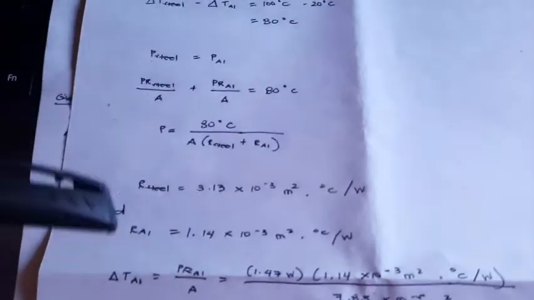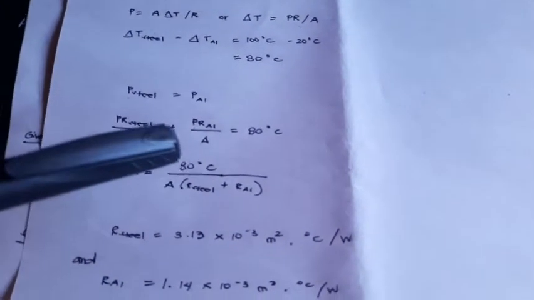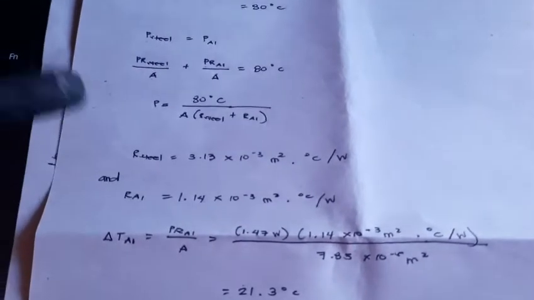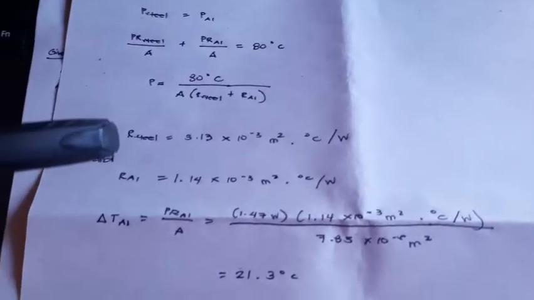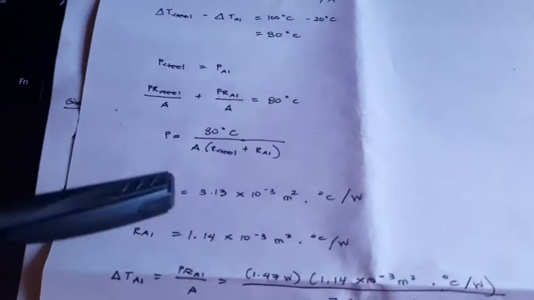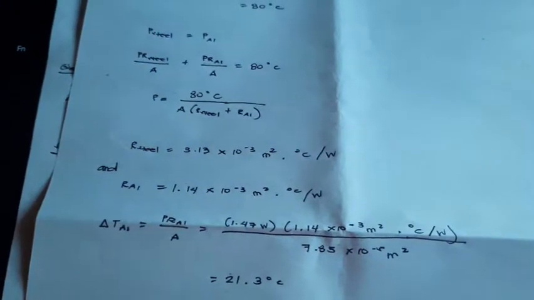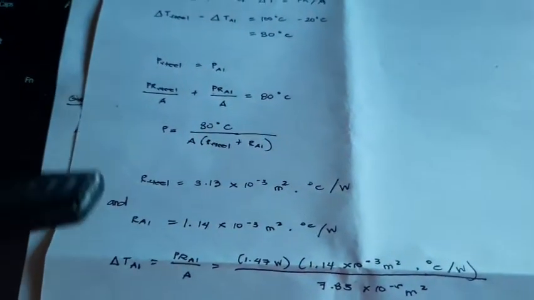So combine the equation: PR steel plus PR aluminum. So we just combine the equations, and thus we can simply add the R factors. So now P is equal to 80 degrees Celsius over A times the R of steel plus the resistance of aluminum. So we must find the R from the known quantities.